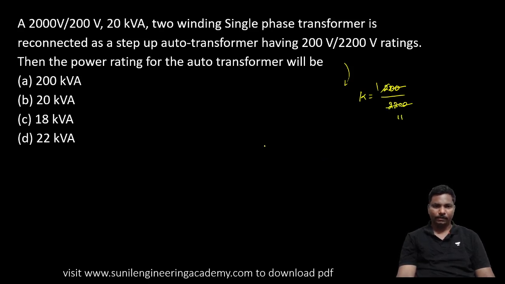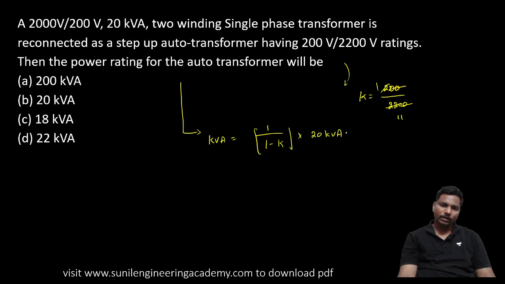So the power rating or kVA rating of the auto transformer is nothing but 1 by (1 minus K) into the two winding transformer rating. That is 1 by (1 minus 1 by 11) into 20 kVA, which is equal to 11 by 10 into 20, so that is nothing but 22 kVA.